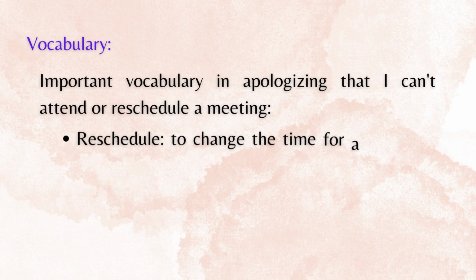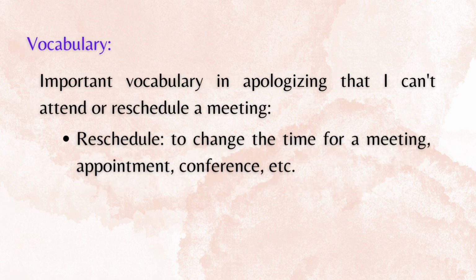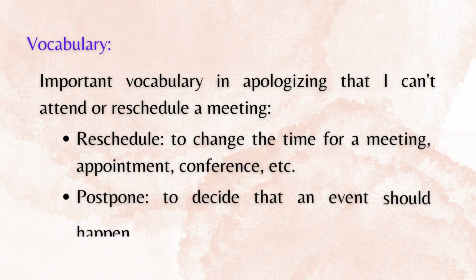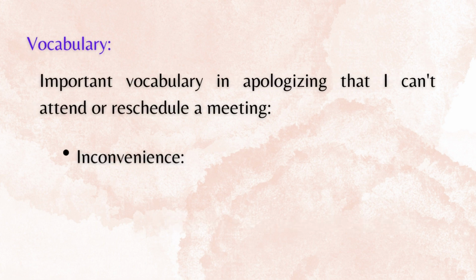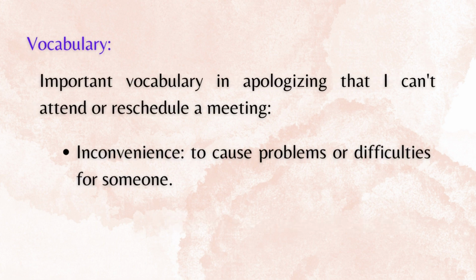Reschedule, to change the time for a meeting, appointment, conference, etc. Postpone, to decide that an event should happen at a later time than originally planned. Inconvenience, to cause problems or difficulties for someone.